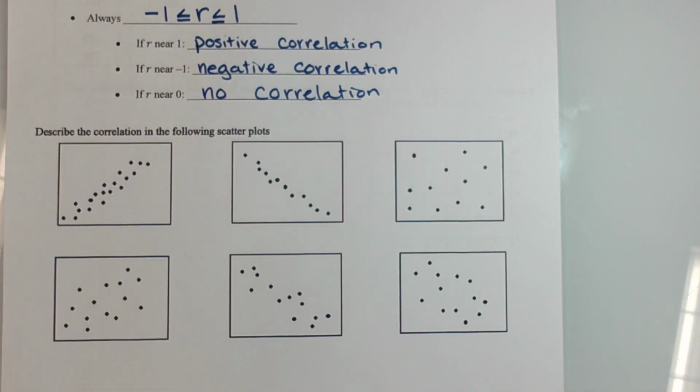So a correlation coefficient of 0.6, while it is a positive correlation, is fairly weak. On the other hand, a correlation coefficient of -0.9 is really close to -1 and therefore is a strong negative correlation.